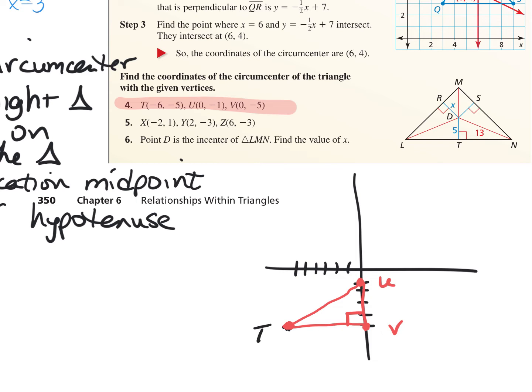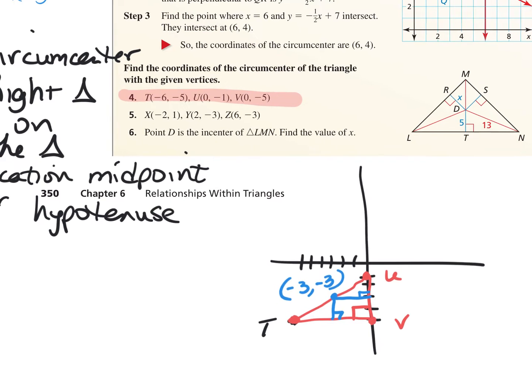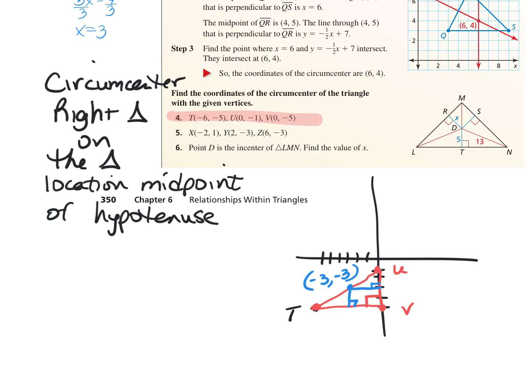Now, I could go ahead and draw in the perpendicular bisectors. Technically, what you would be doing is finding the midpoint of each side, and then you would draw in the perpendicular bisector from that midpoint to the side opposite. And here is going to be my point of concurrency. It's going to be -3, -3. But my advice to you is do the calculation for the midpoint.